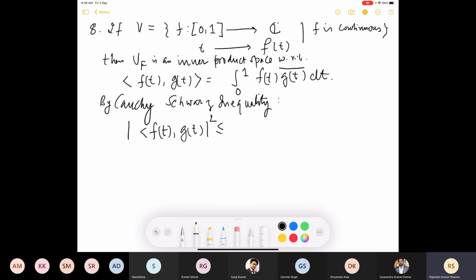So this is less or equal to the integral from 0 to 1 of modulus f(t) square dt times the integral from 0 to 1 of modulus g(t) square dt, the product of these two integrals.